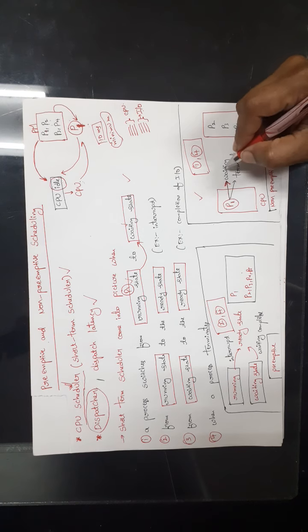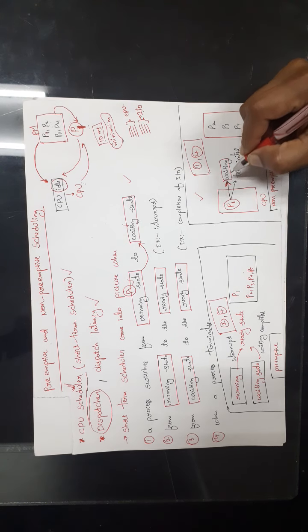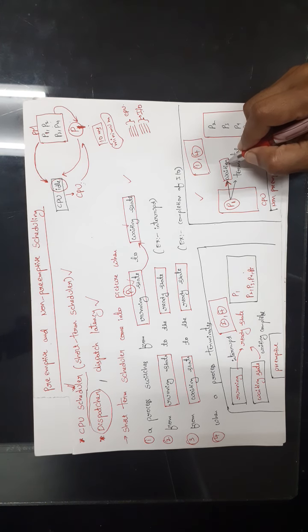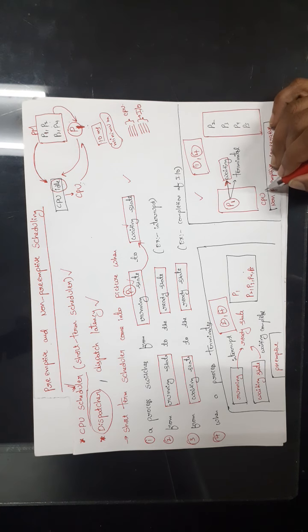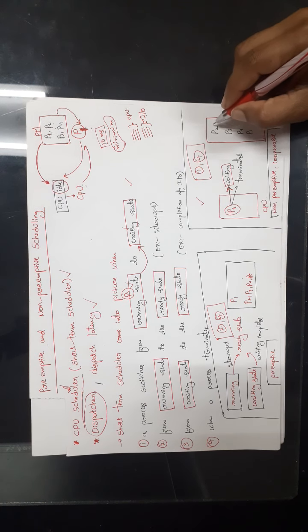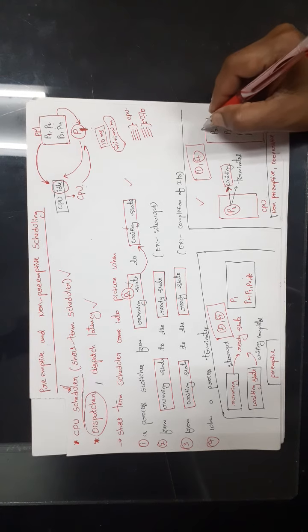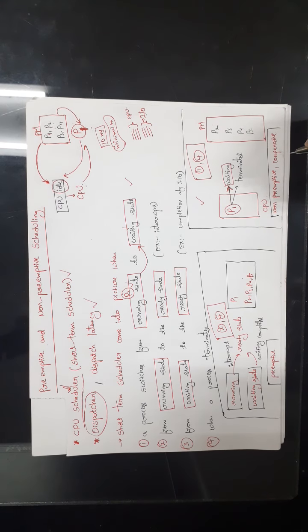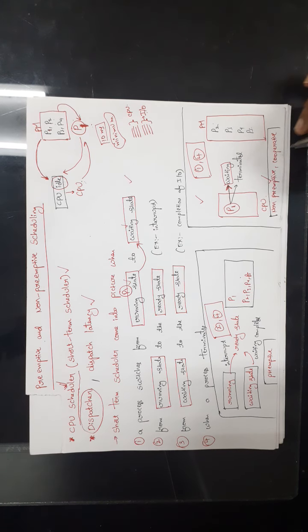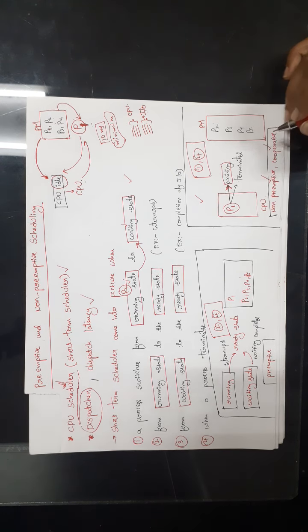What should we do now? Process P1 is in the waiting state, which means the CPU is idle. Now we can choose one process among all the processes in the primary memory, so we can choose another process. This is called non-preemptive or cooperative scheduling.